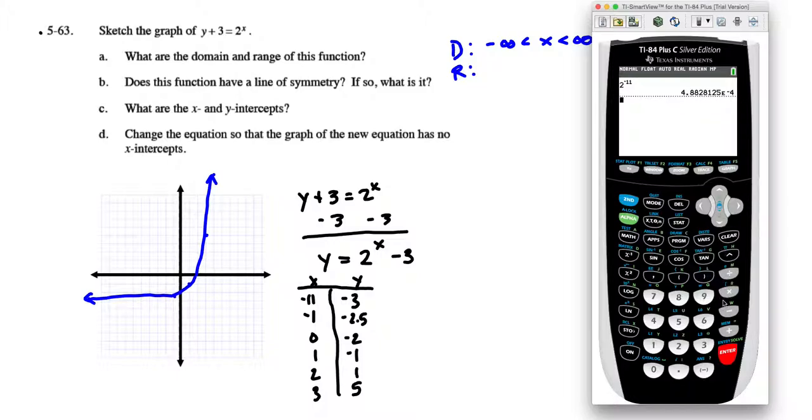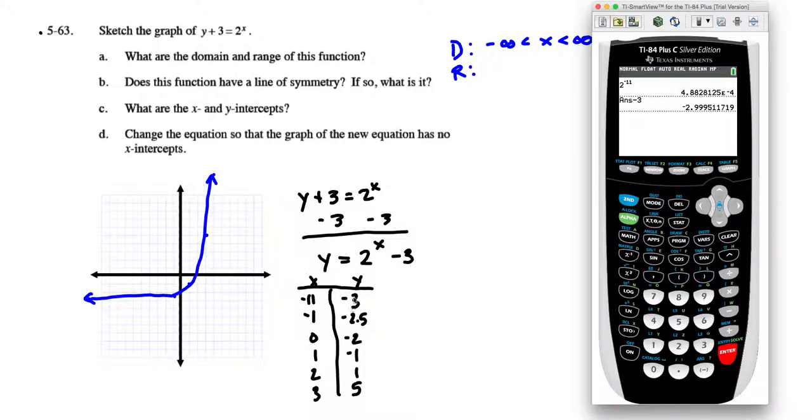But if we take this and subtract 3 from it, you see we have -2.9995, because we're never going to actually be able to hit -3. I just chose that point because the calculator rounded it there, but we're always going to end up being greater than our -3 value there.